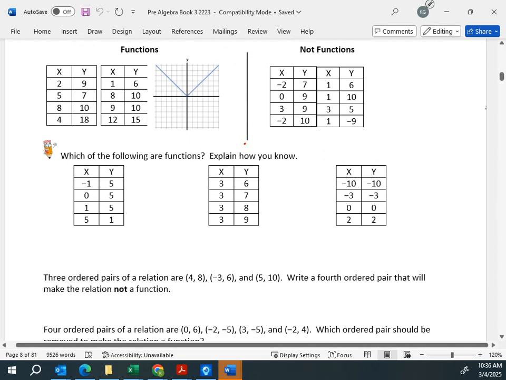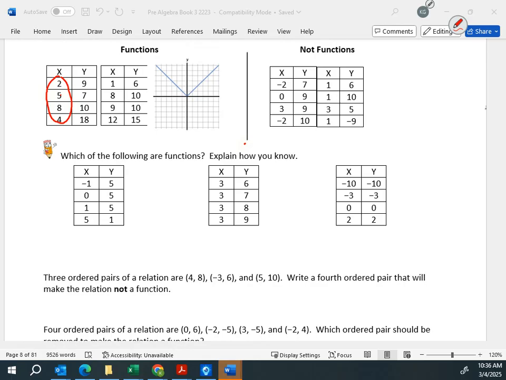So a function table, when we have our x's listed, there is no duplicate x's with different y's. So I see 2 only one time for an x. The 2 matches with the 9. It doesn't match with a different number also. Okay, so the x's don't repeat with different y's.